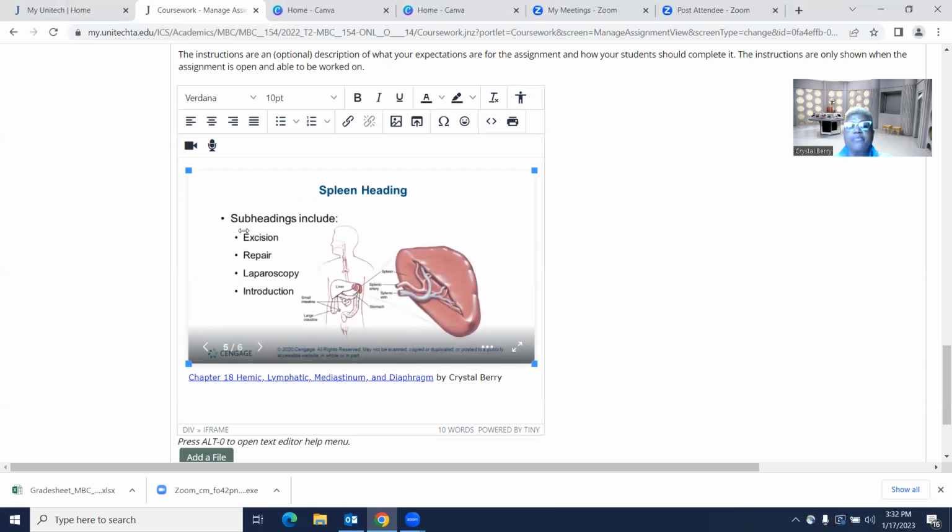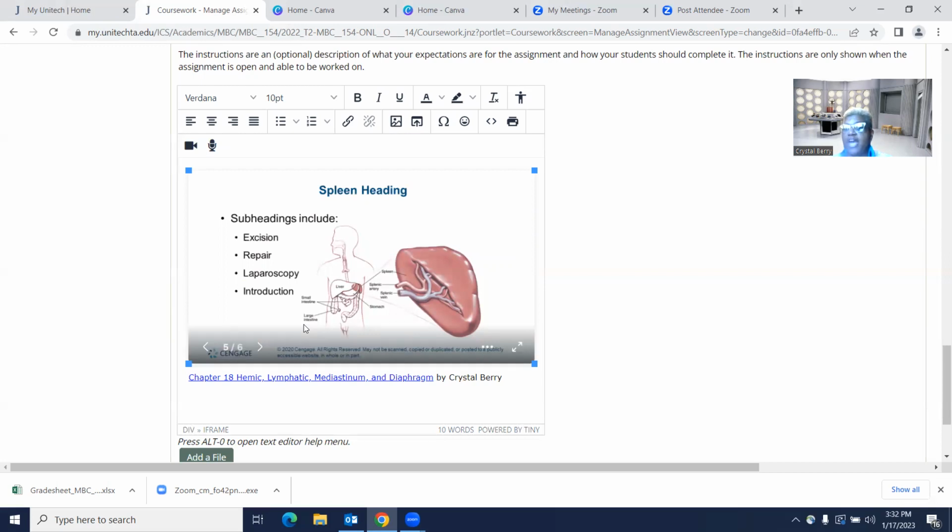Spleen headings: subheadings include excision, repair, laparoscopy, and introduction. Please make sure you review these subheadings in the lymphatic system. These things will be included on your exam.